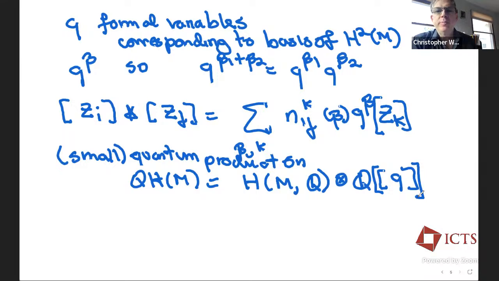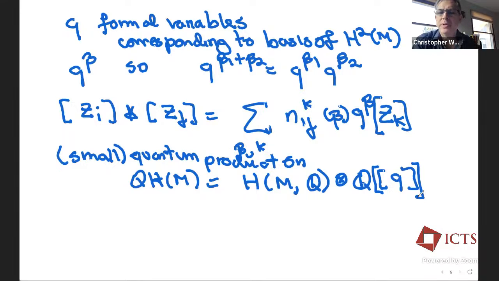Any more questions about the definition? So you write Q are formal variables corresponding to the basis of H2M. Yeah. So why does that matter? A basis of H2M? Well, there are different ways of writing this.